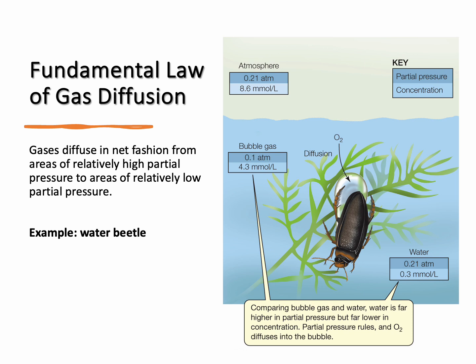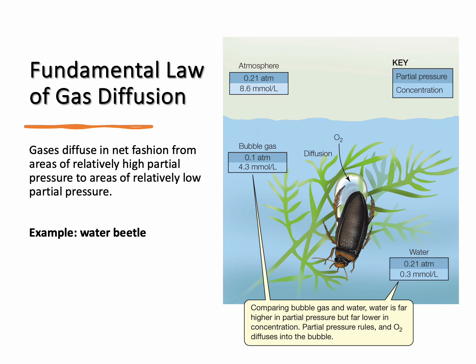And the principle you're trying to understand from this video is the fundamental law of gas diffusion. Gas diffuses from an area of high partial pressure to an area of low partial pressure.